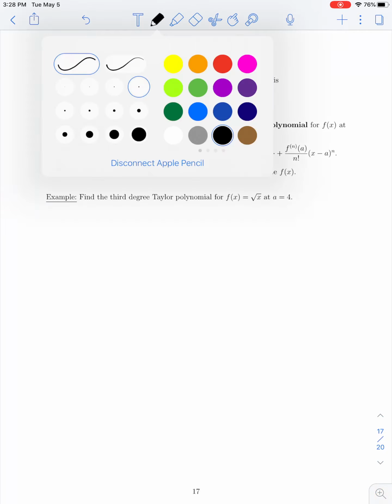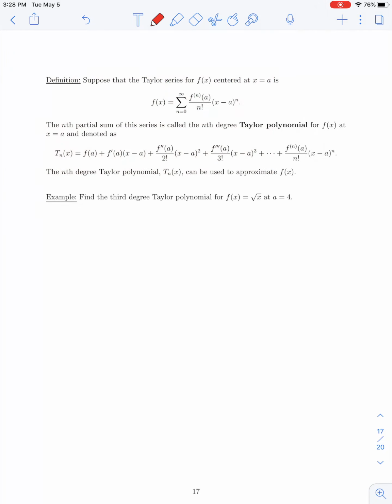So let's start by defining what is called a Taylor polynomial. So let us suppose that a function f of x has a Taylor series centered at a, given by the following. So f of x could be represented as a power series centered at a, where for our Taylor series, the nth coefficient is given by the nth derivative of our function at x equals a divided by n factorial.